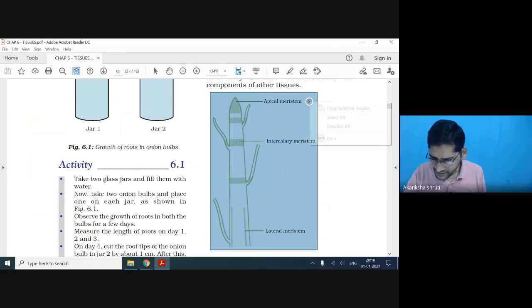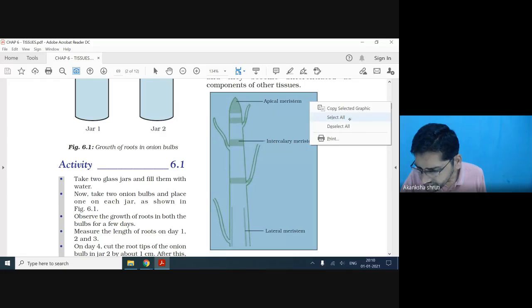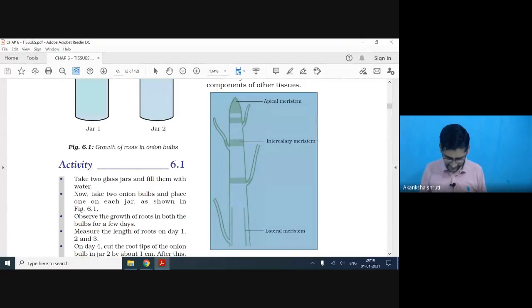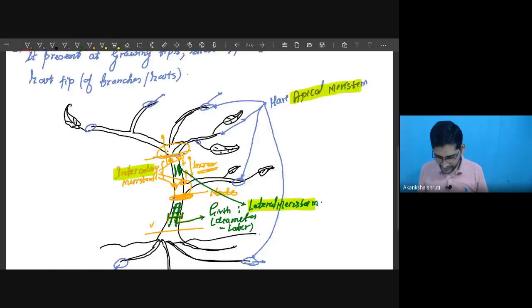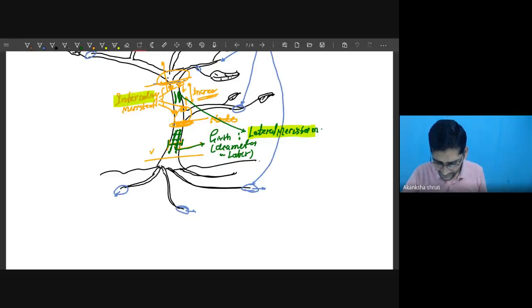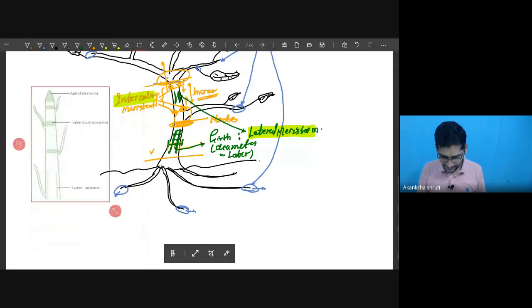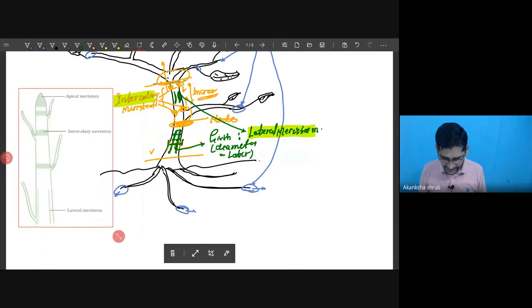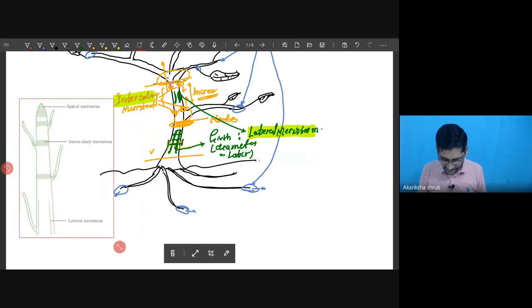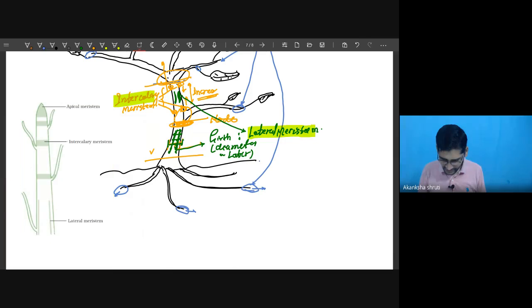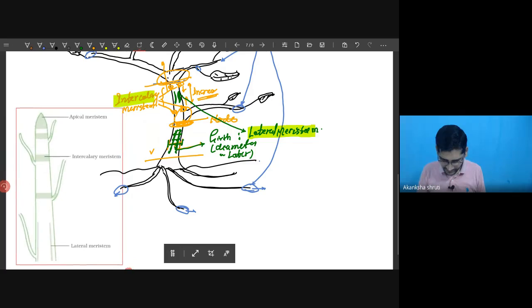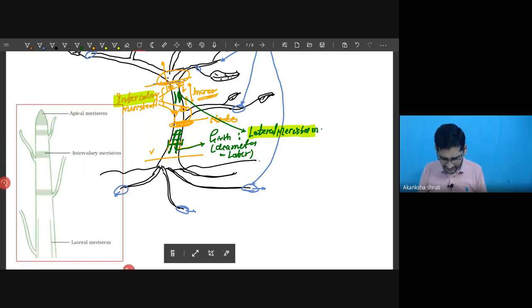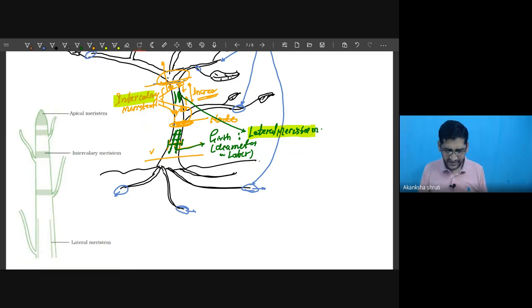So let us copy this. Students, we can also copy our figure. The same thing is also drawn in this figure, where you can observe that at the top there is apical meristem.